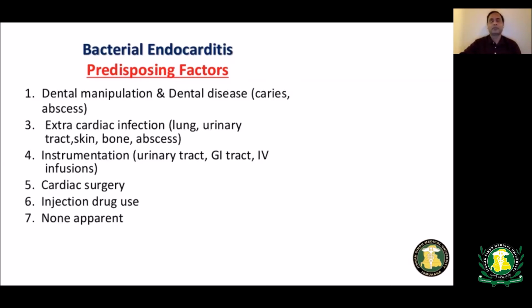Patients who use intravenous recreational drugs, IV drug abusers, also have an increased risk of endocarditis. And usually within a few days after cardiac surgery, if sterile technique is not used, it can also increase the risk of infective endocarditis.